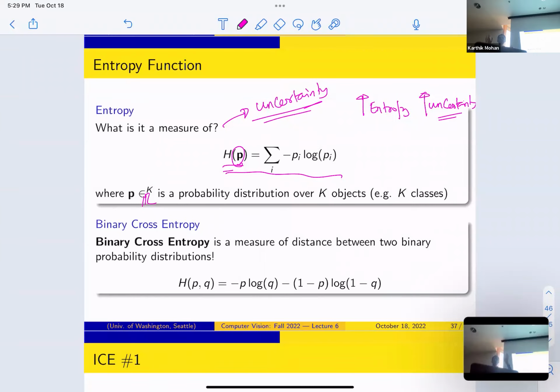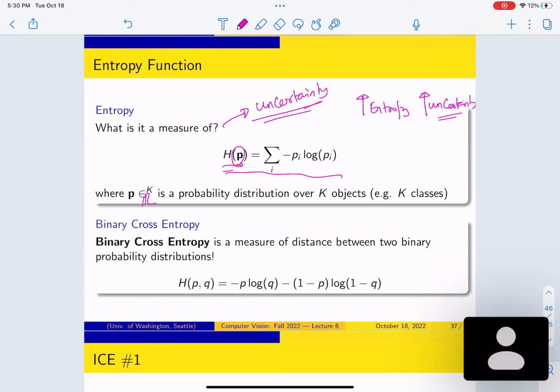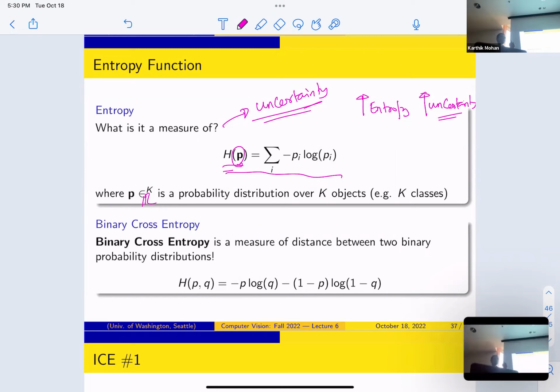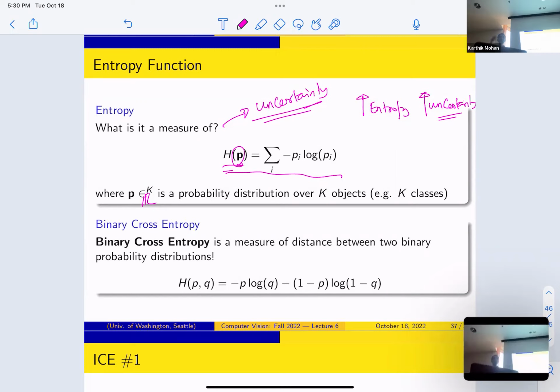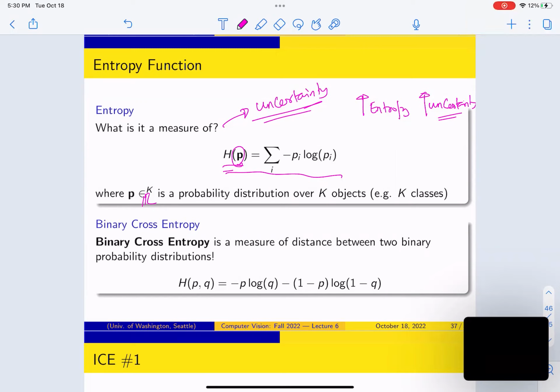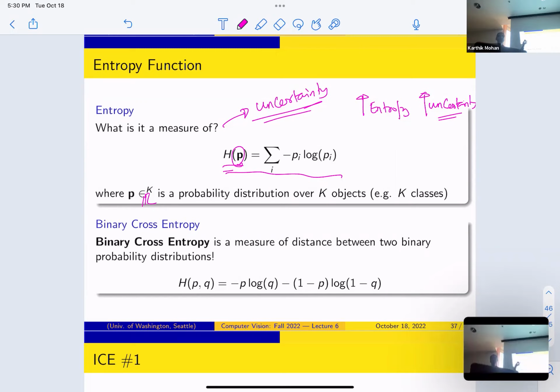Okay, so it's a log. pi is positive because pi is between 0 and 1. Log of pi, is that positive or negative? Negative, because pi is between 0 and 1. Only if pi were greater than 1 would you have a positive log. So log of pi is negative, and you have a negative sign there. So you're summing non-negative terms, so it's positive. So your entropy of the probability distribution is always non-negative.